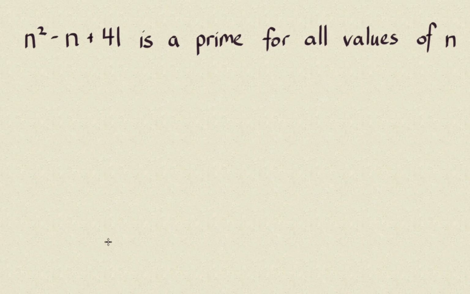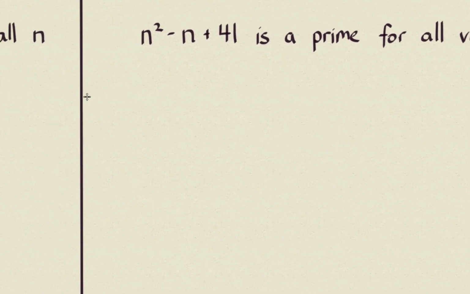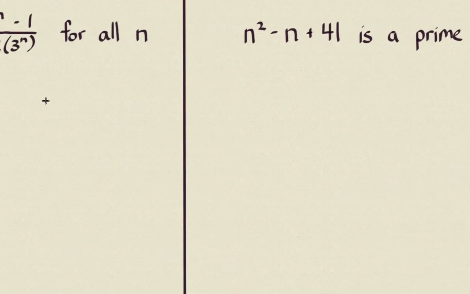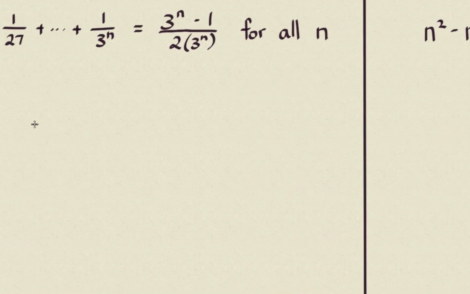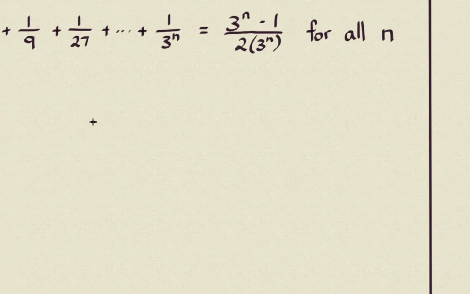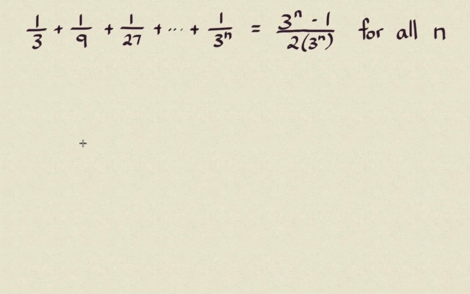So we're going to look at these two statements side by side, and just note that the value of n that we're talking about is a natural number, that is a counting number. So n can only take on values such as 1, 2, 3, 4, and so on. Okay, so remember we're doing trial and error. So let's start off by trying n equals 1.